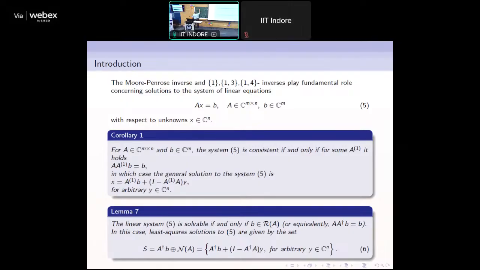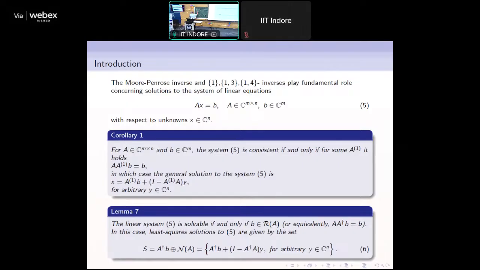So, A1B equals B, so B is in the range, the image of A. Then AX equal B is consistent. Of course, we want to solve AX equal B. Of course, the condition B in range of A is a natural requirement.